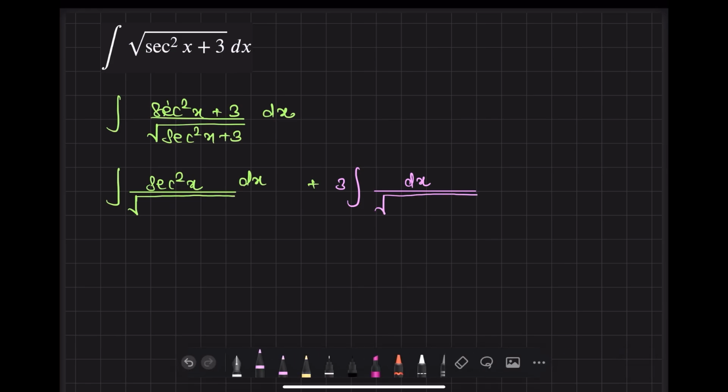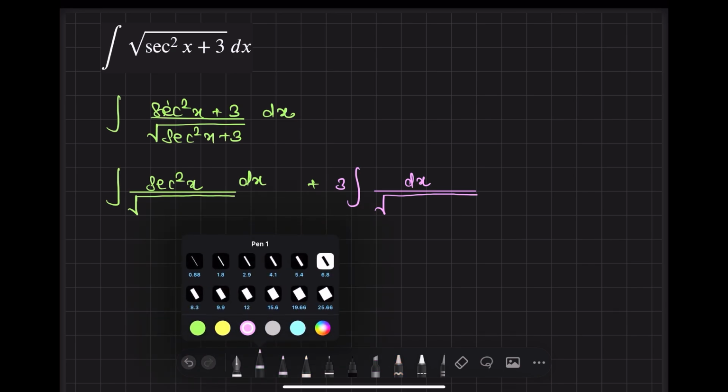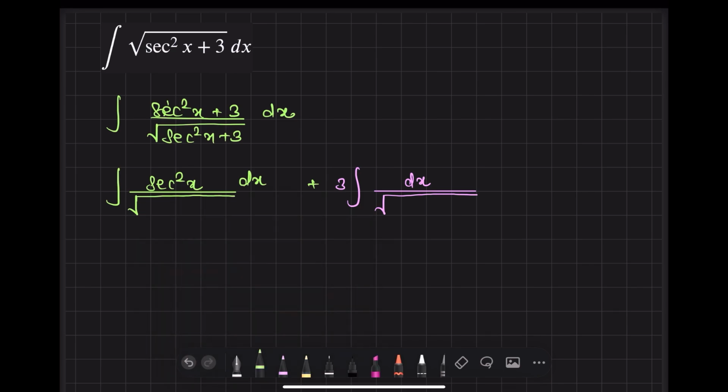Now, my idea is, look at this component, this green part. You have numerator as sec square x. Do you remember that in class 11th you studied trigonometric functions and equations?